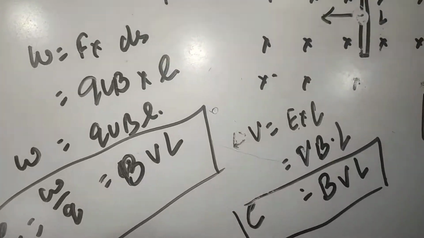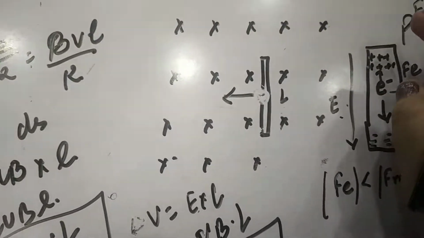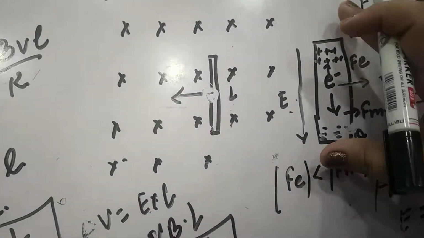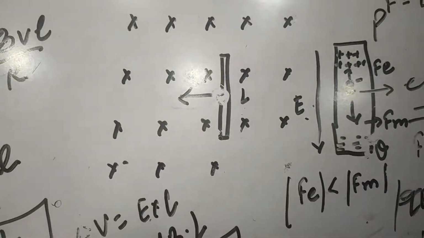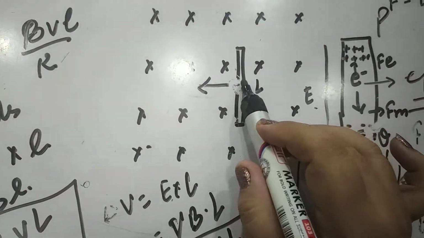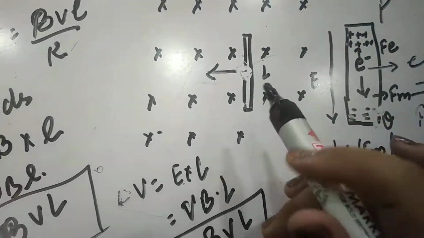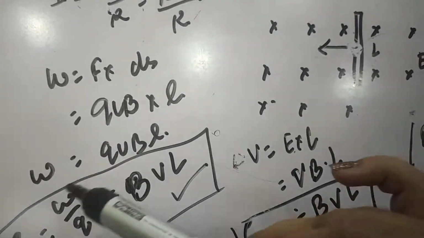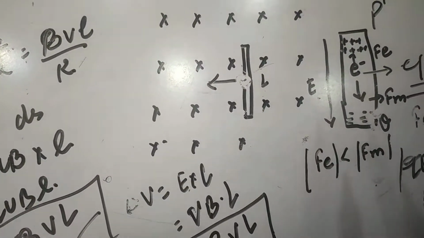So EMF is given by the formula BVL, and this process will go on as long as the rod is moving inside the magnetic field. In the case when V is equal to 0, meaning the conductor is steady with no motion, the EMF induced will be 0. So no EMF will be induced. Why is this so?